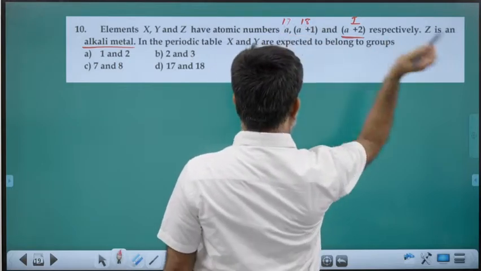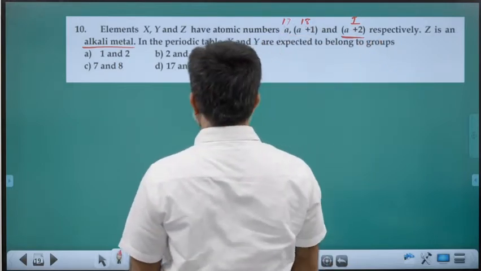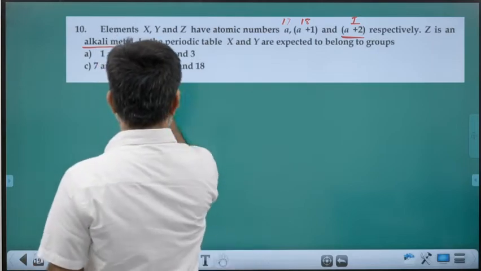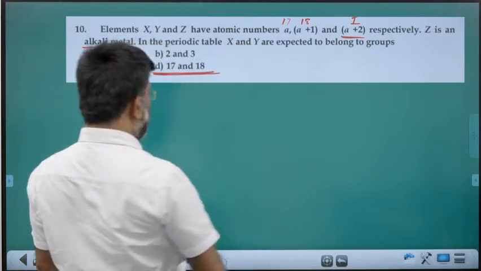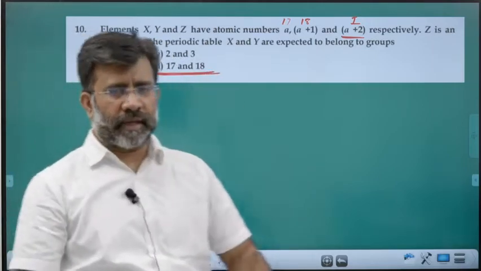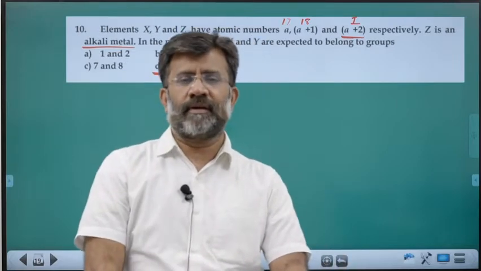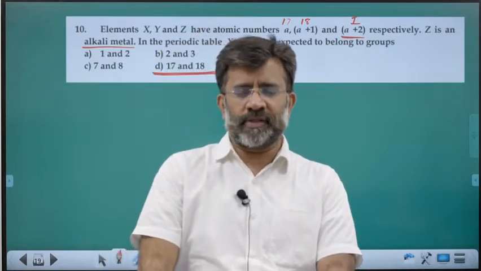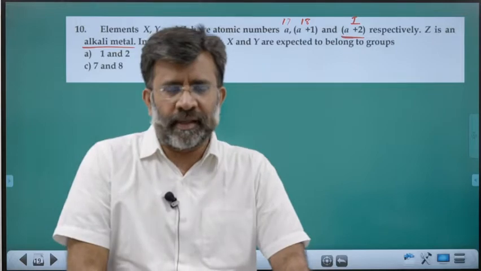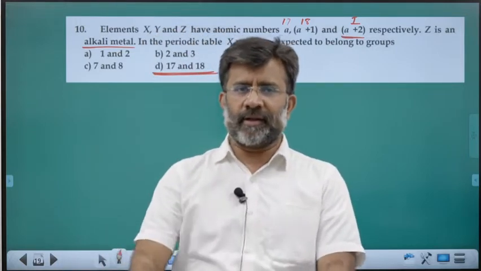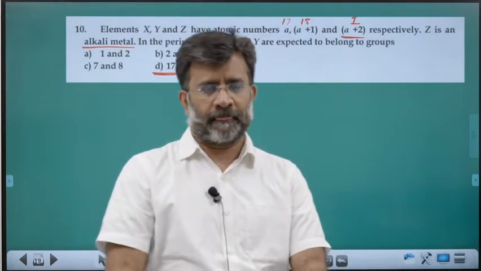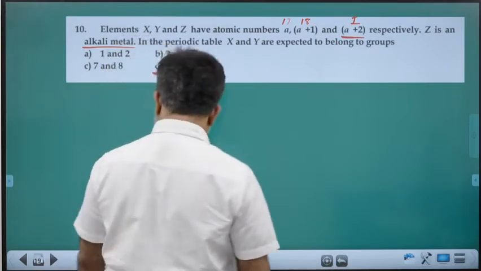So it is option D, 17 and 18. X is halogens, Y is noble gases, and Z is the next continuation, alkali metal. Next.